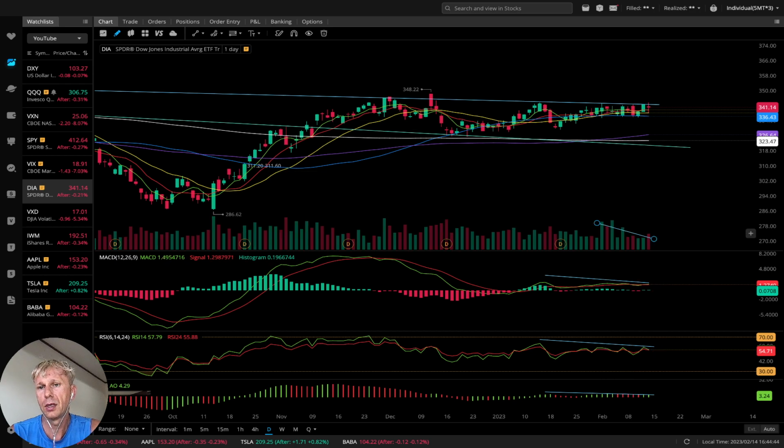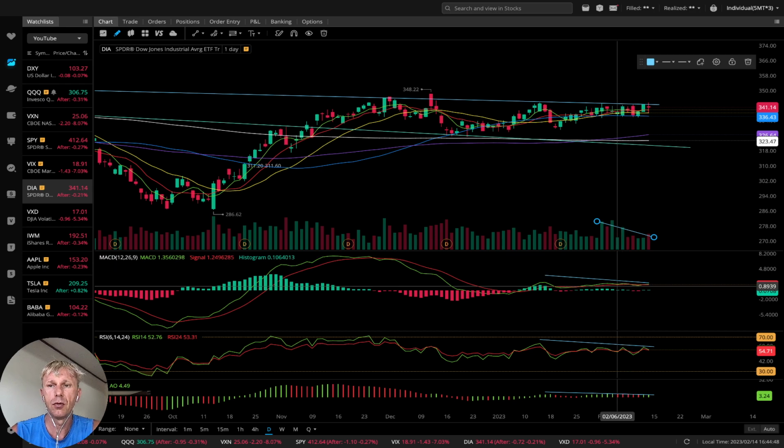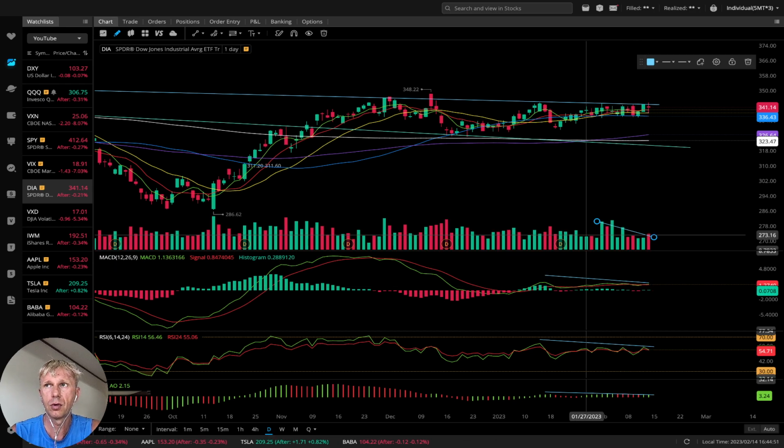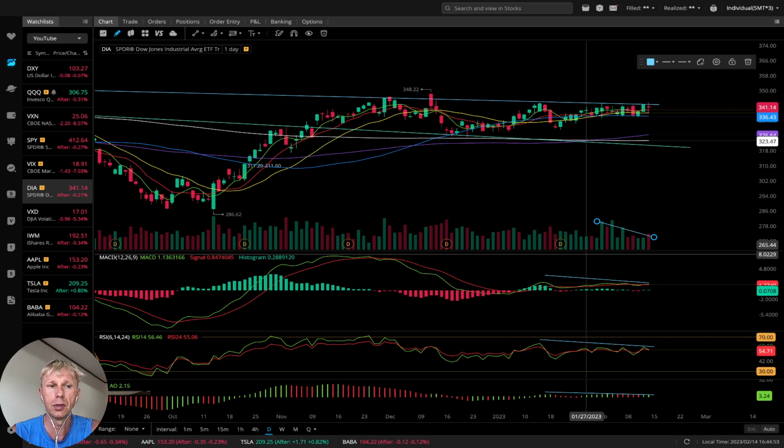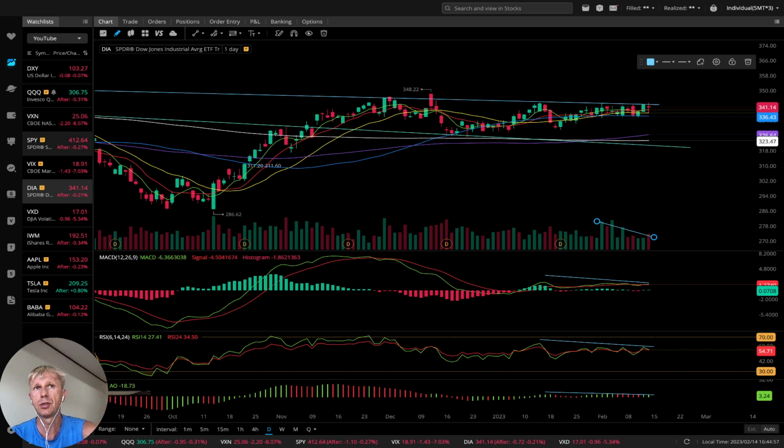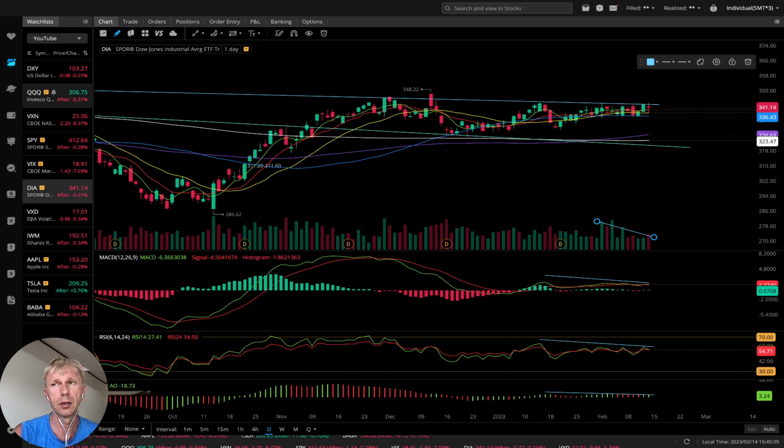And volume is decreasing on all indexes. It's a bearish divergence. We have bearish divergences, volume decreasing, bearish divergences on all indicators. And bearish divergences always work. They worked before and will work again. It will change the direction of the market and bring the market back to bearish. That's all from my end.